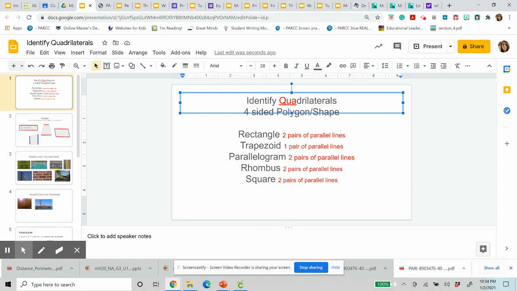The trapezoid, well, different in the fact that it only has one pair of parallel lines. Okay, so if you come across a shape that has 4 sides, all of these have 4 sides, and has only one pair of parallel lines, it's got to be a trapezoid.